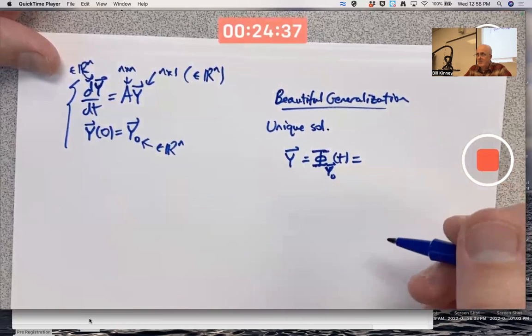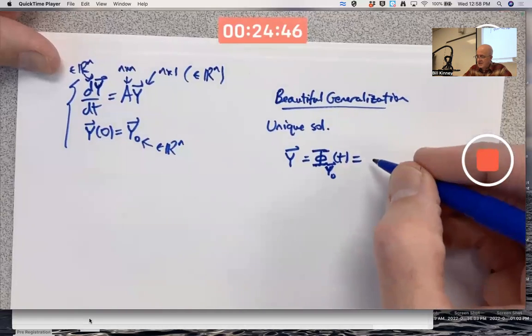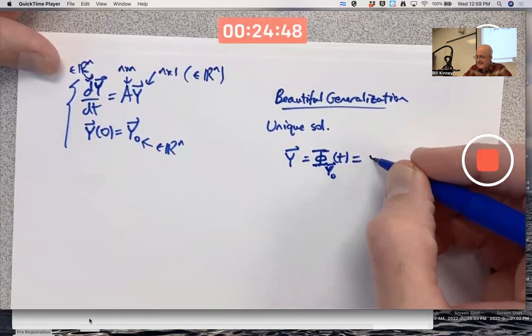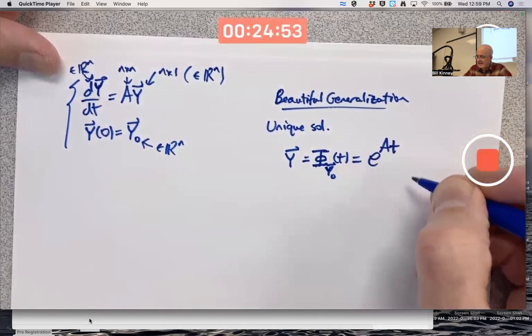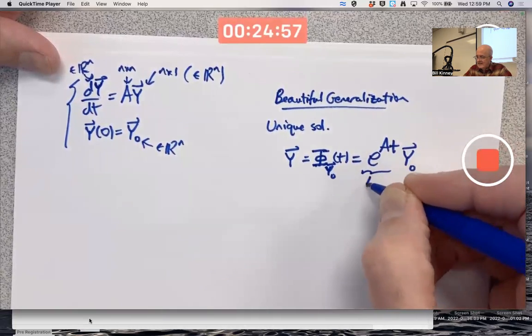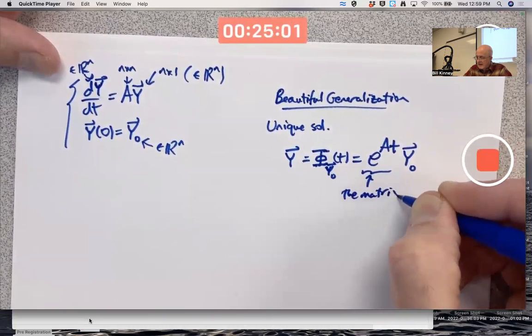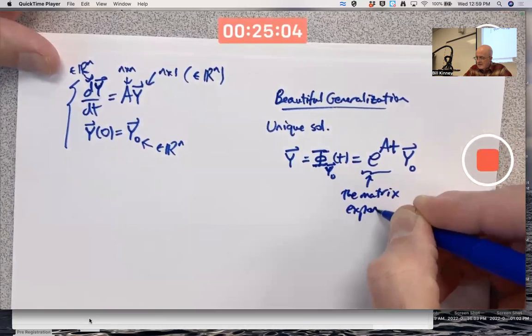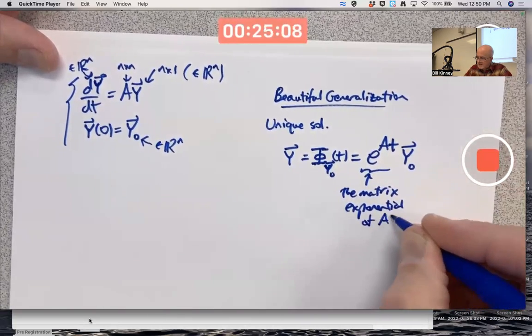We'll look back at the example in a minute, when we have a special matrix A and a two-dimensional generic initial condition. But the beautiful generalization is that this unique solution is e to the A times t power, notice that's a capital A, times y0. This e to the At is called the matrix exponential, if you want to be a little bit more specific, of A times t.